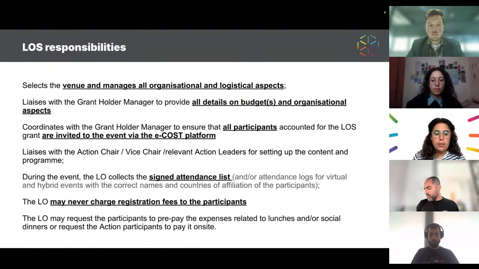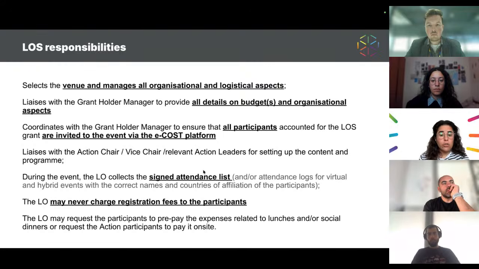For the grant, you will also connect with the action chair, vice chair, and action leaders, the work group leaders, for setting up the content and program. You will collect the signatures during the event, so everyone that attends should sign the attendance list. You may never charge registration fees to participants.